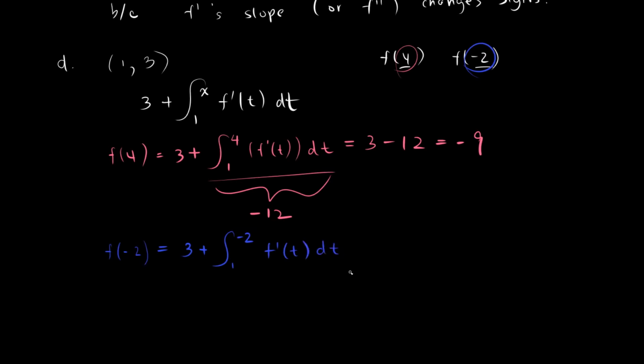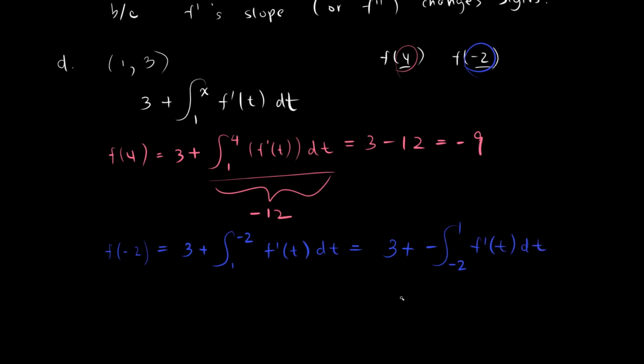Now, like we've encountered in the 2016 FRQ, when we have this kind of upside down integral, where the initial bound is not at the bottom but at the top, we can use basic properties of integrals and rewrite it as 3 plus the negative integral, this time starting at -2 and going to 1 of f prime of t dt.